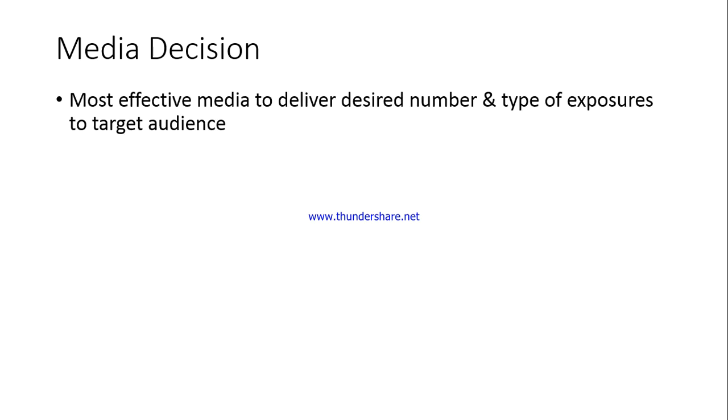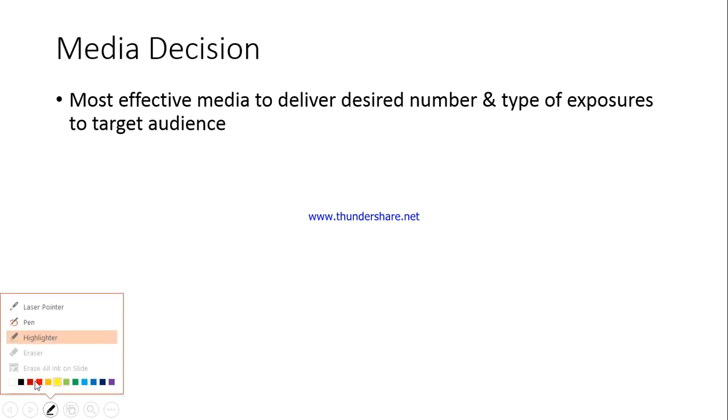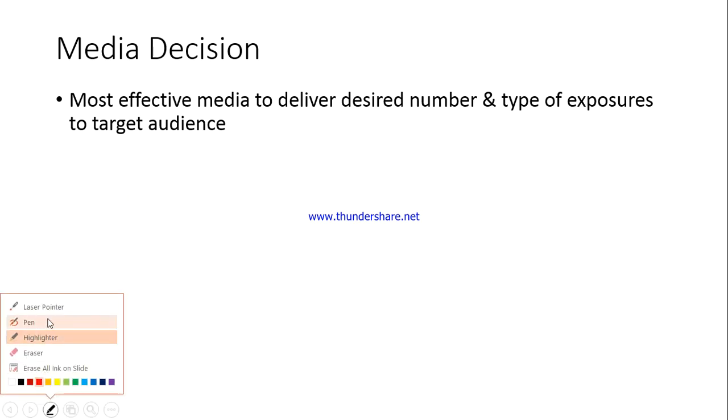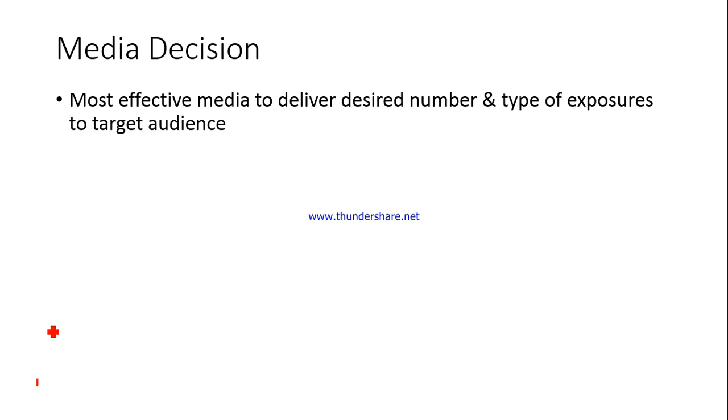So as far as media decisions are concerned, basically media decision is all about having the most effective media to deliver the desired number and types of exposure to the target audience. So how are you going to deliver the desired number of exposures? What do we mean by this?